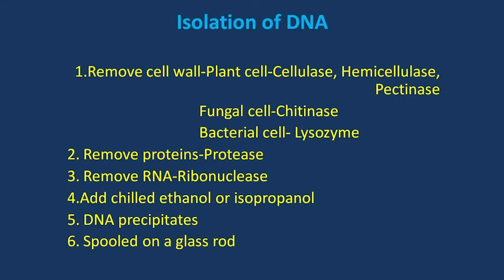Then using protease, we remove proteins in the cell. In the next step, using ribonuclease, we remove RNA. Then we add chilled ethanol or isopropanol when DNA precipitates. This precipitated DNA comes to the top. It is pooled on a glass rod.